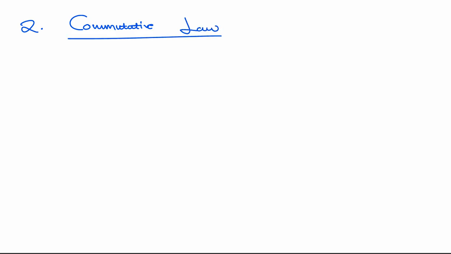After I talk about the commutative law, we talk about the associative law. On the commutative law, guys, it says the order doesn't matter. If we have A star B, it is the same as B star A.